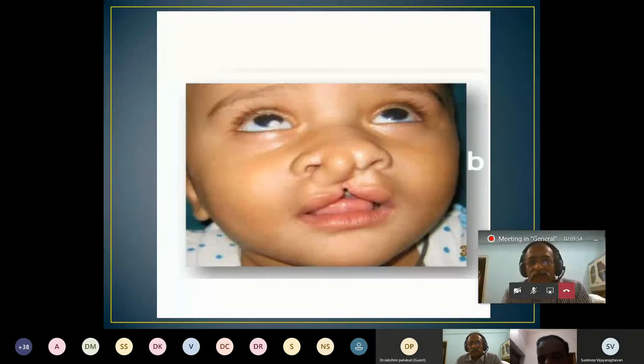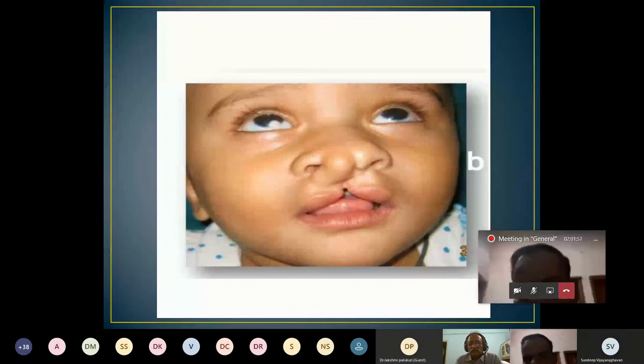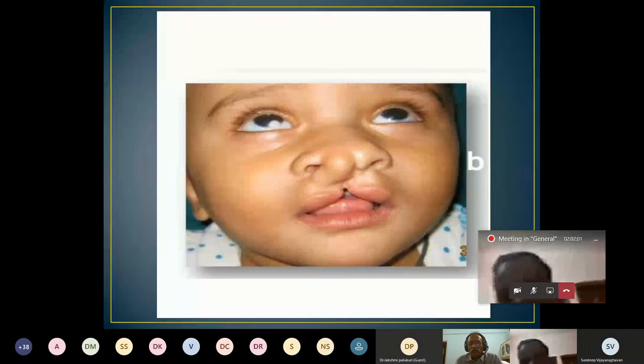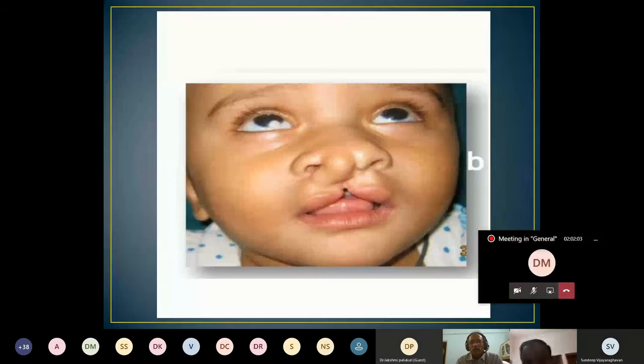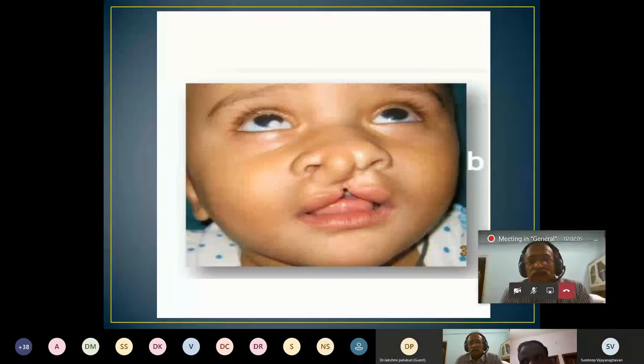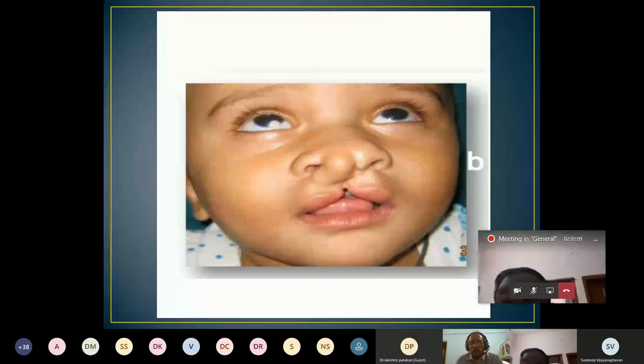Is there any normal development of the brain? No, no. What are the contents in the basal area? What is there in the center of the brain, the base part of the brain?